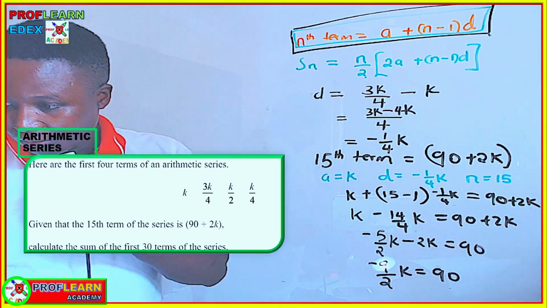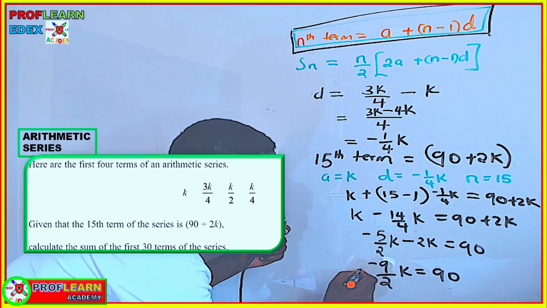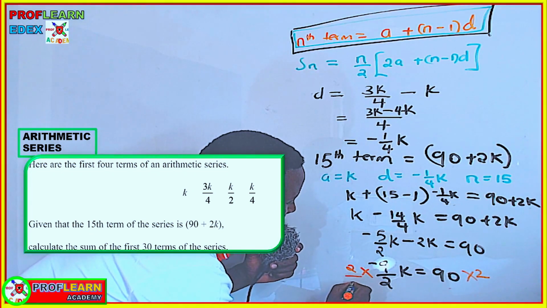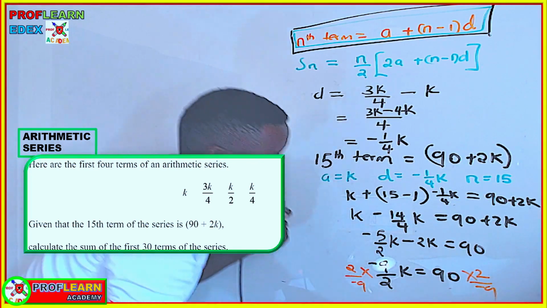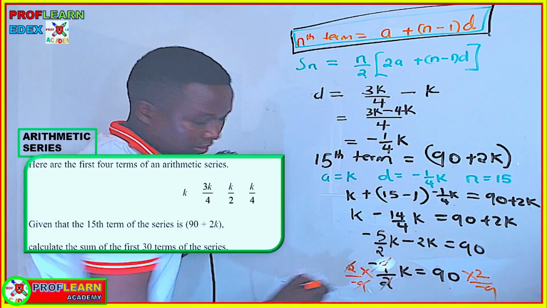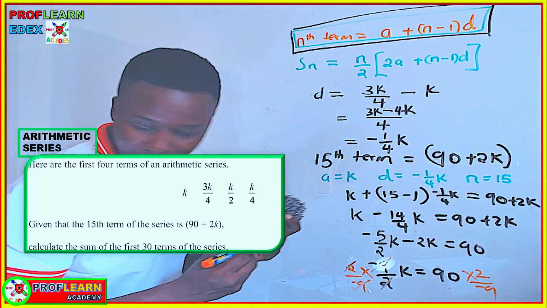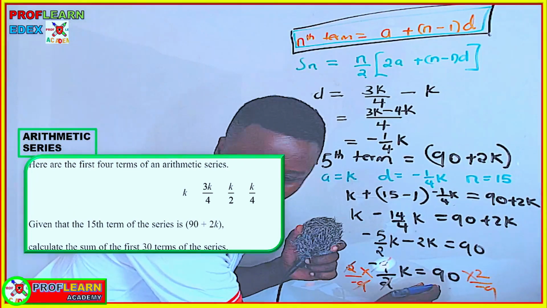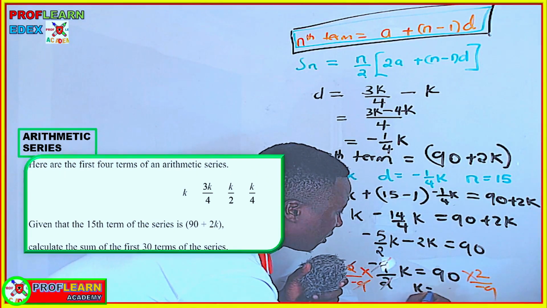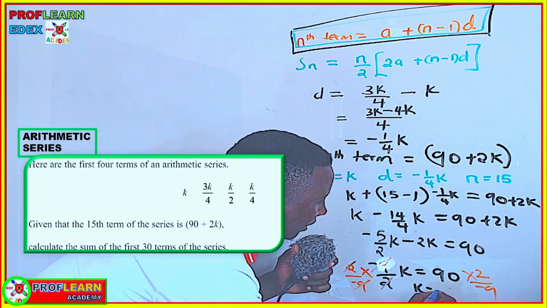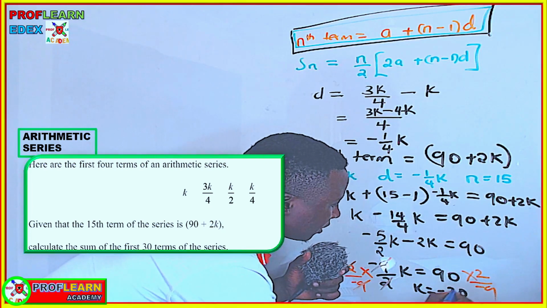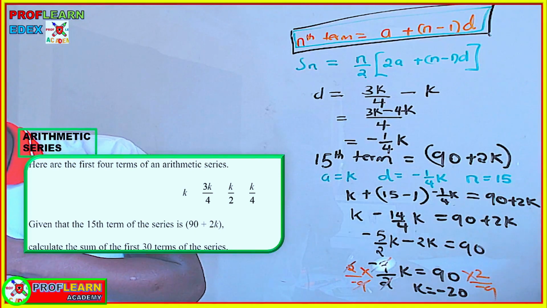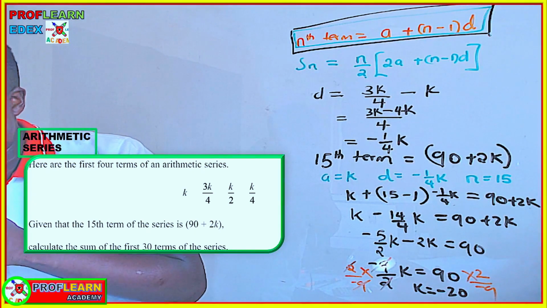To find the value of k, I'm going to multiply both sides by 2, and divide both sides by negative 9, so that these cancel out, and we end up with the value of k. Our k is going to be negative 20.